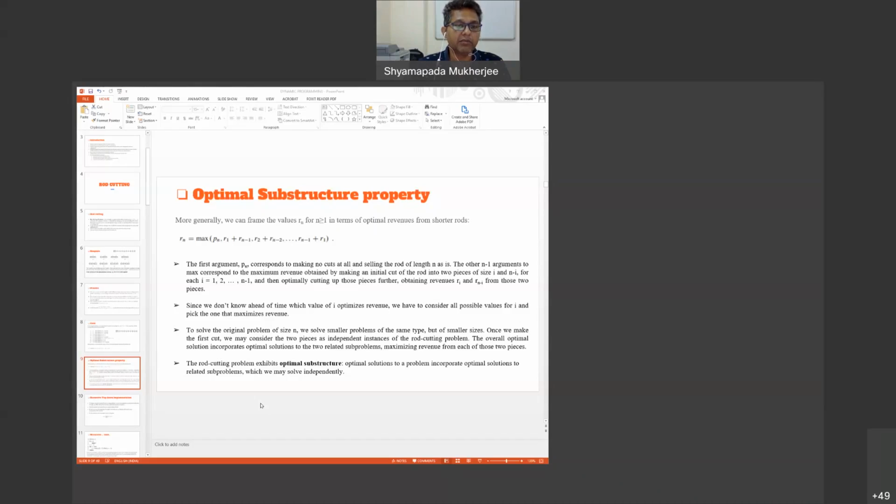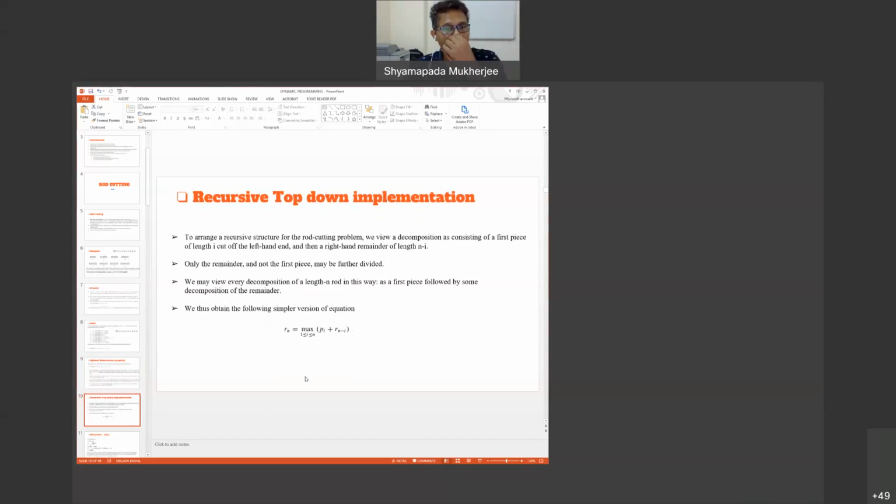Okay, with less time. As we see, if we use a recursive algorithm for this, the time complexity is exponential. We will see how it is exponential. It is a recursive top-down approach. What do we do?